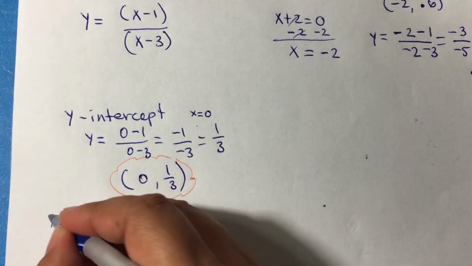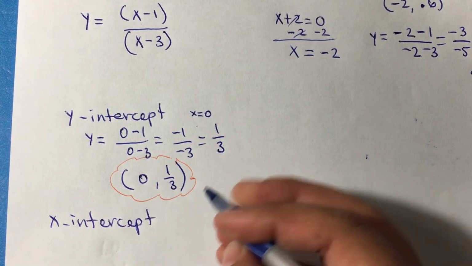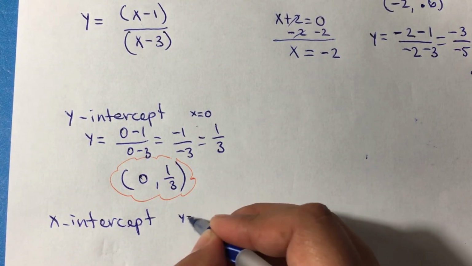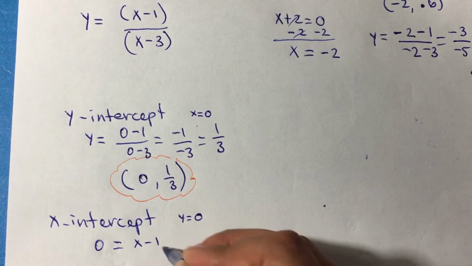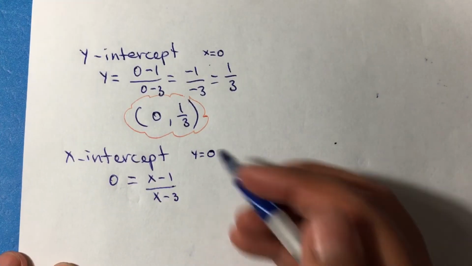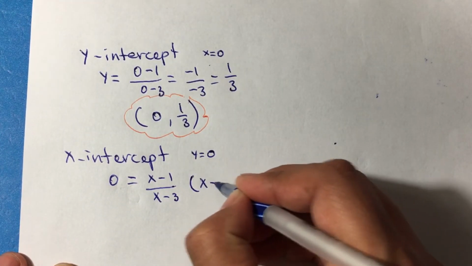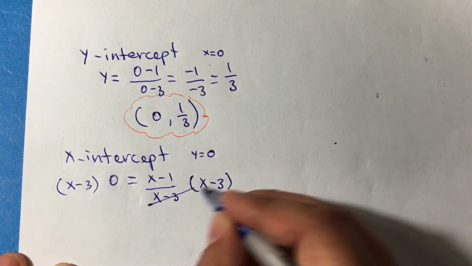For the x-intercept, y will be equal to 0. So 0 is equal to x minus 1 over x minus 3. If I'm dividing by x minus 3, I multiply both sides by x minus 3. This cancels.